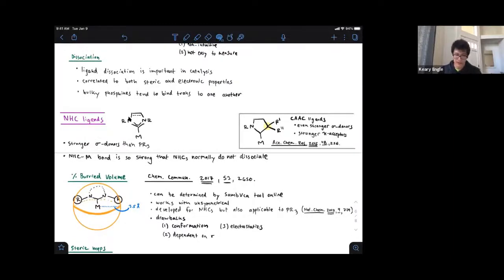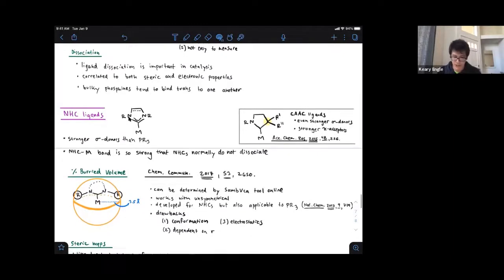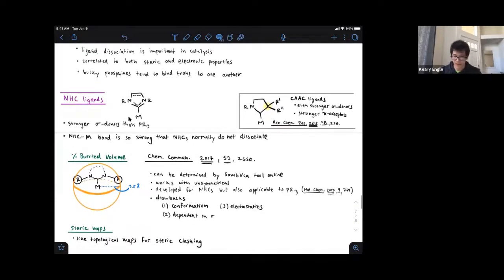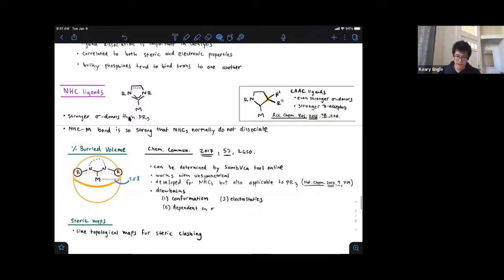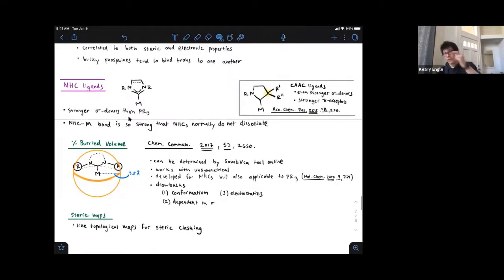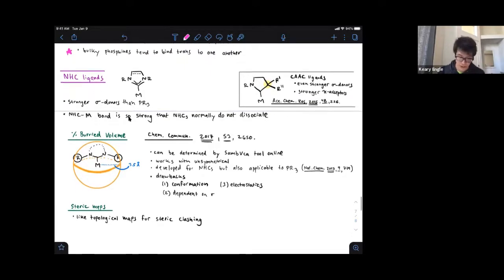And it goes without saying that ligand dissociation is an important step, and this reflects both steric and electronic contributions. One of the things we have seen come up in several examples: if you're just given a molecular formula and expect to think about geometry, remember that phosphines tend to be bigger than other ligands and tend to want to sit trans to one another.